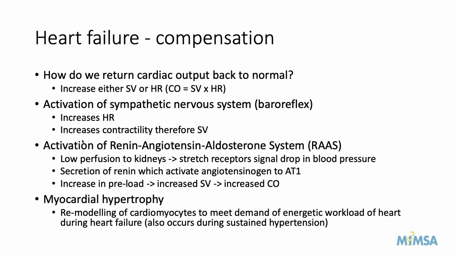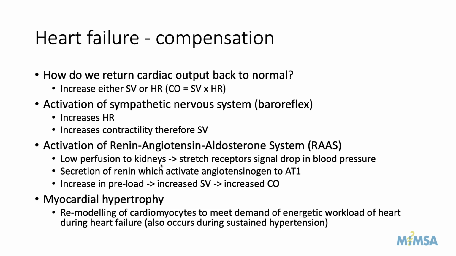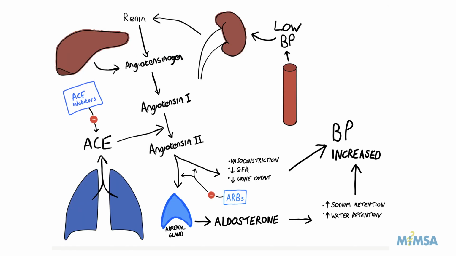We can also activate the renin-angiotensin-aldosterone system, which is this system here. Low perfusion to the kidneys is detected by stretch receptors as low blood pressure in the renal artery.